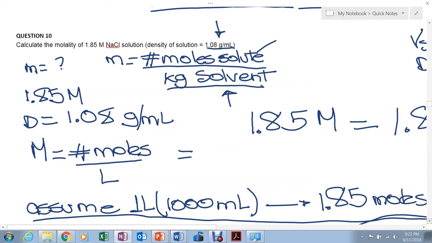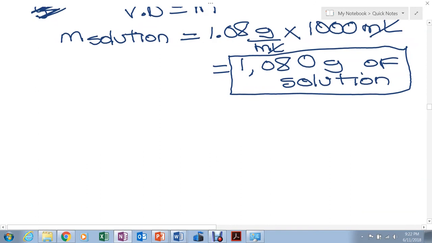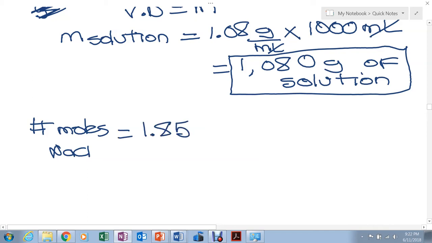Once we assume 1 liter, we know that 1.85 is the number of moles. So the number of moles of NaCl is going to be 1.85 moles. You can convert this to grams.